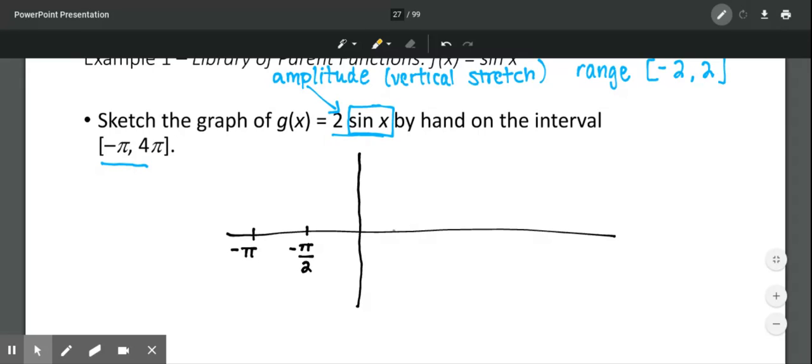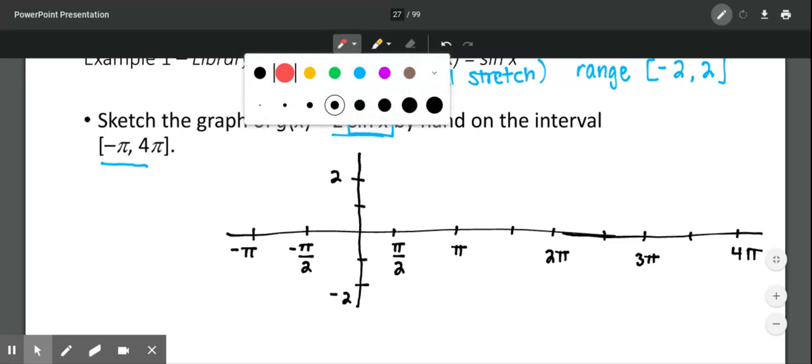So then I would have 1 pi over 2, pi, and then 2 pi. Oh, I probably should have gone over to the left a little bit more. We'll slide it out. And then 3 pi, and then 4 pi. Oh, it doesn't want to draw the little pi. There it goes. All right. And then we know that our range is negative 2 to 2, so our range will go up to 2 and down to negative 2.